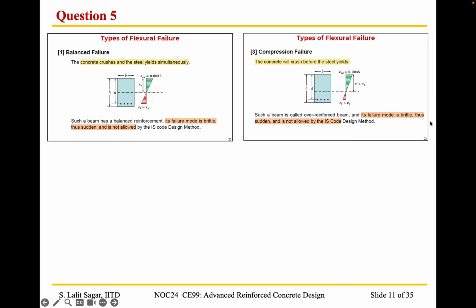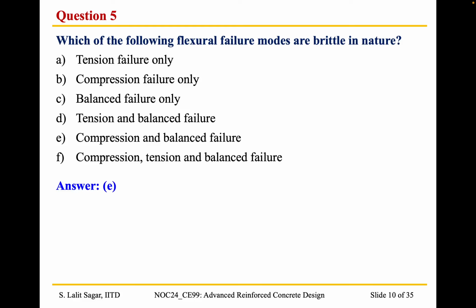On the other hand, if we consider the under-reinforced section, it undergoes a tension governed failure, and as per the IS code, or in fact any other building code, that is the preferred mode of failure, because that gives us adequate warning before failure. And if a beam is designed for failure, then we prefer the tension governing failure over these two types of failures. So the correct option is option E. Okay.